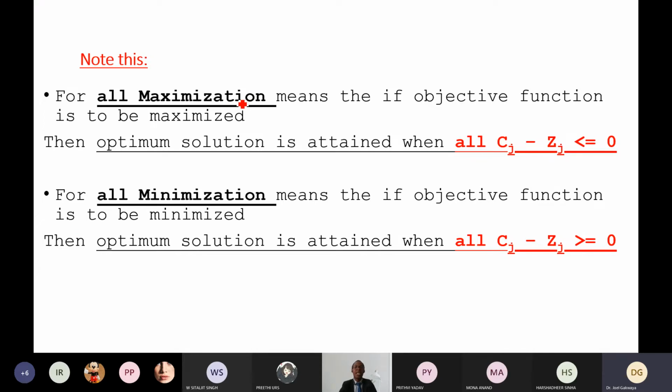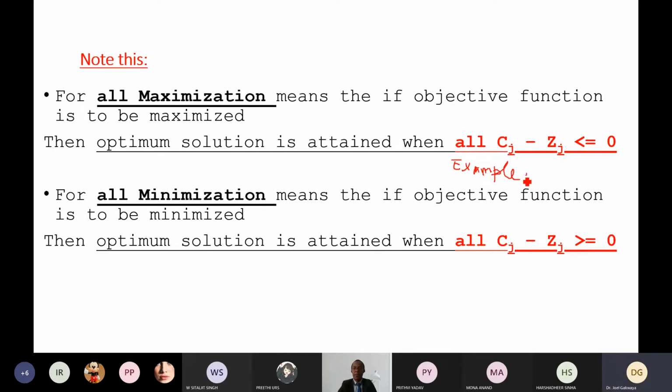It means that if the objective function is to be maximized, then the optimum solution is attained when all Cj minus Zj are lesser than or equal to 0. What does it mean? Example. You can write an example here.